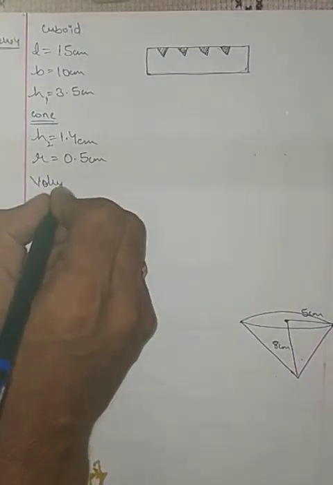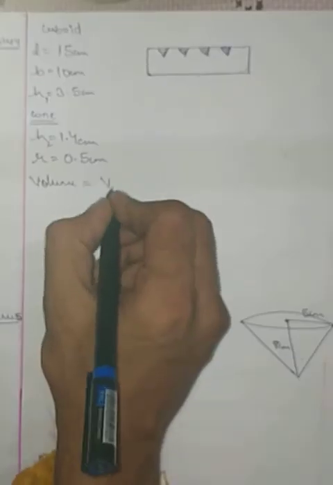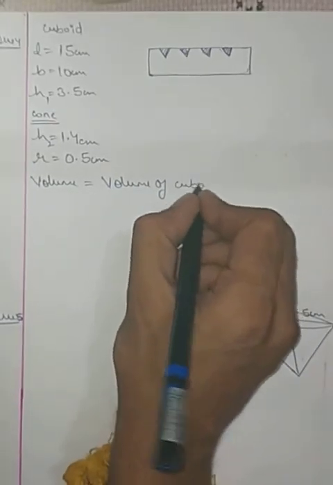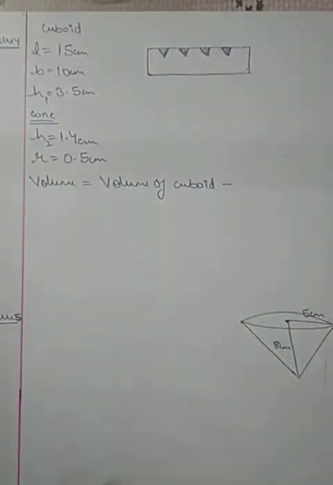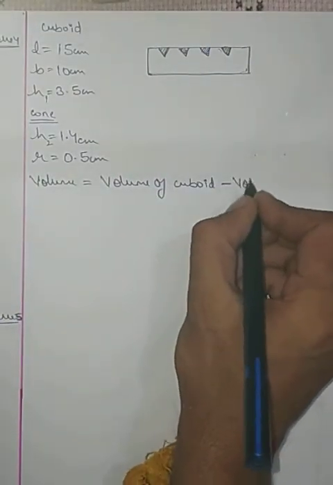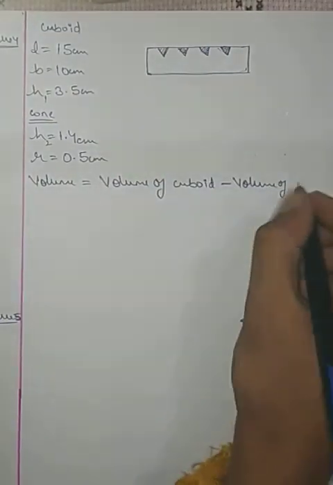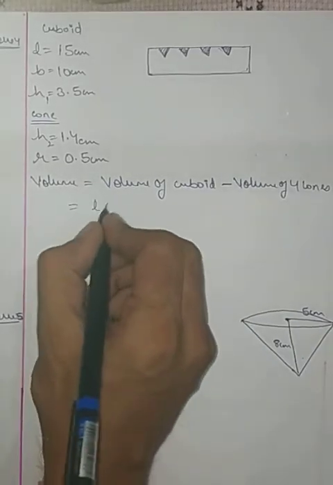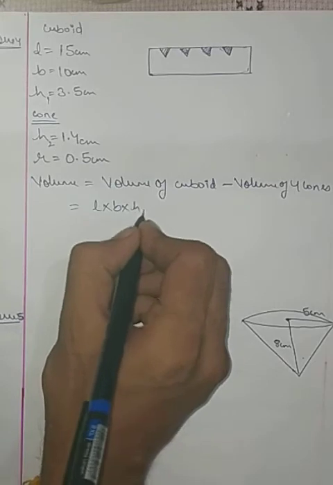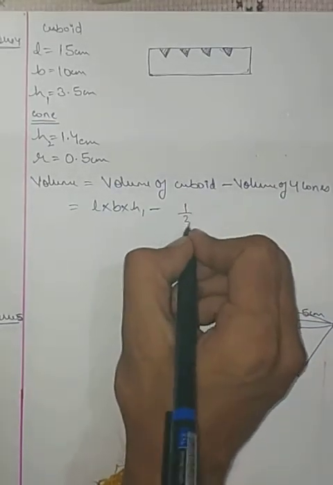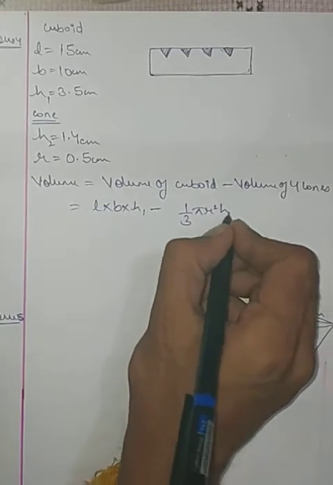We need to find the volume of wood. So volume of wood will be equal to volume of cuboid. Now in this something is taken out, so we will subtract the volume of 4 cones. So volume of cuboid will be L into B into H1 minus, 1 cone volume is 1 upon 3 pi r square H2.